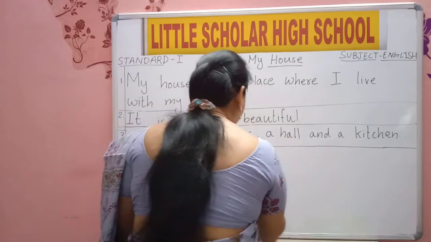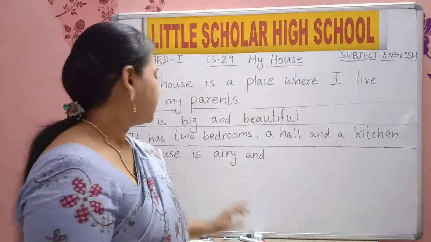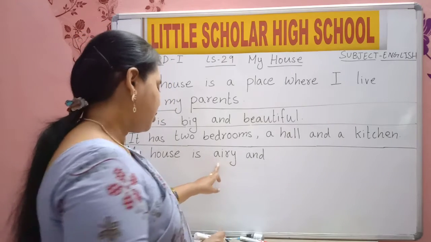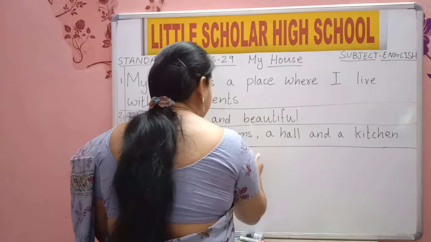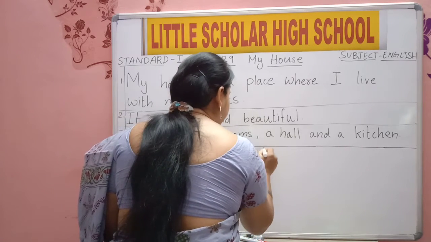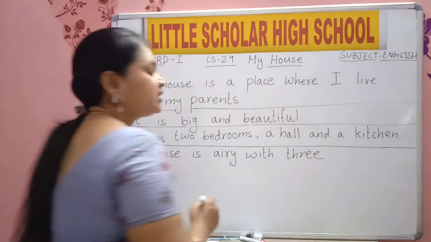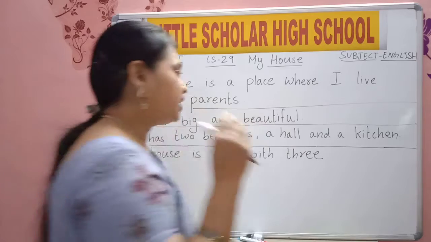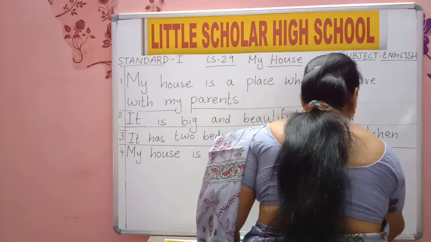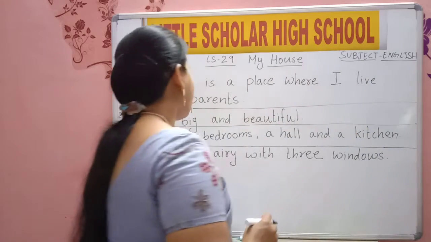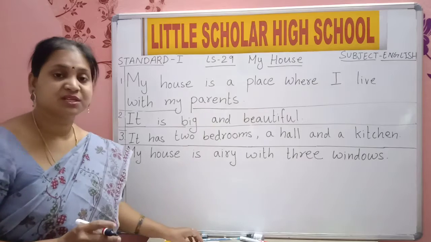Airy. And, W-E-L-L, well. My house is airy with, W-I-T-H, with, T-H-R-E-E, three, W-I-N-D-O-W-S, windows. My house is airy with 3 windows. That means fresh air comes into your house.